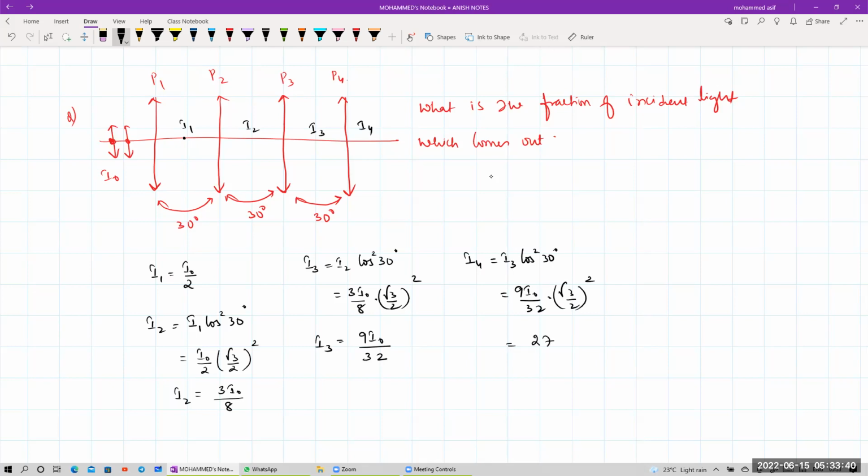So this is 27 times I0 divided by 32 into 4, which is 128. So this will be your I4. Now what is the problem asking? I4 divided by I0 is how much? The fraction is 27 divided by 128. So this is your answer.